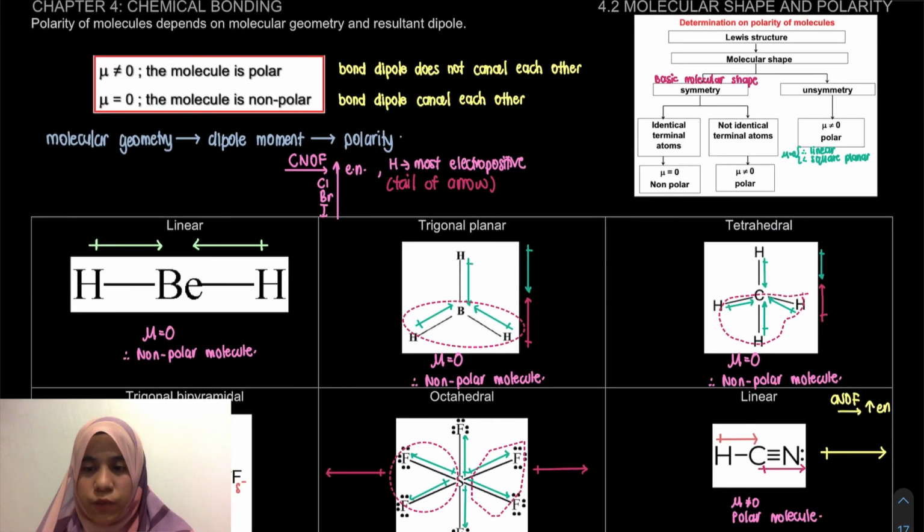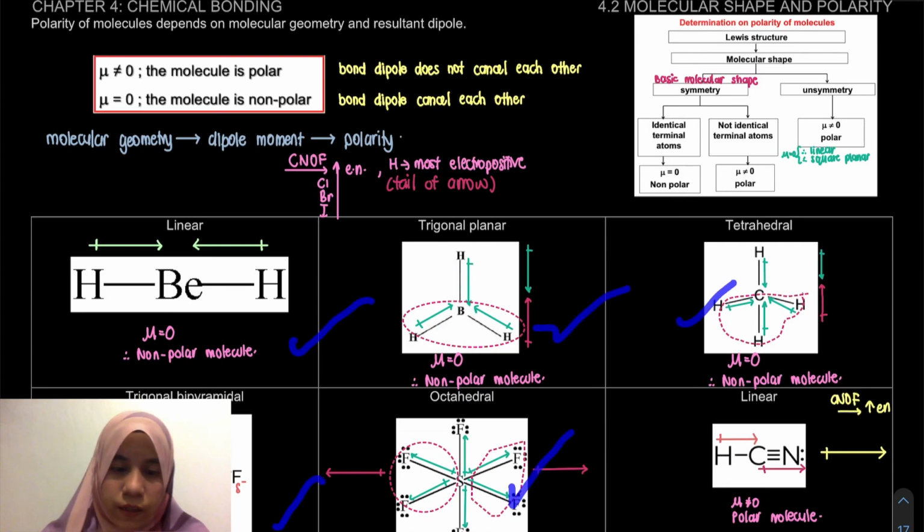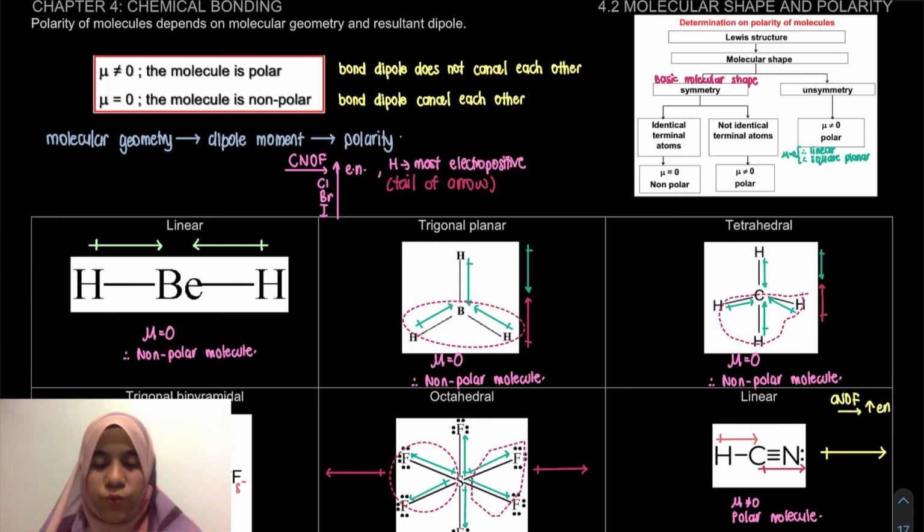Okay, so that is actually the introduction of polarity. We are now only looking at the basic molecular shapes. For these, from linear until octahedral, all have the same terminal atoms. This one has different terminal atoms. So actually it's easy, there's no need for you to memorize this. You should just know where the arrow goes. If there is hydrogen, remember it starts from our hydrogen. For electronegativity, you look.